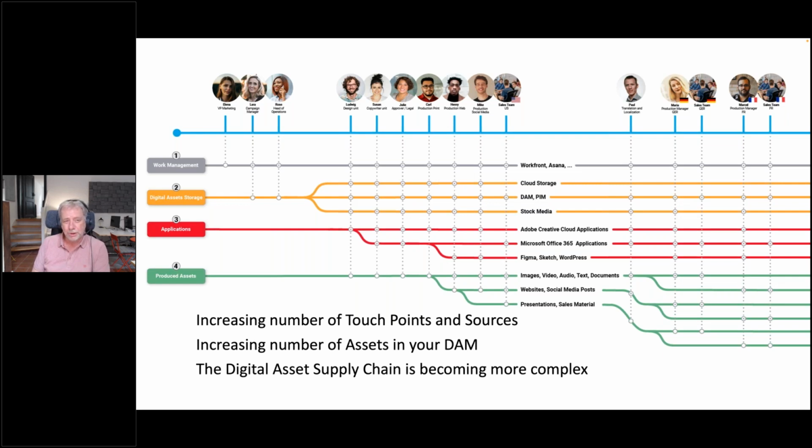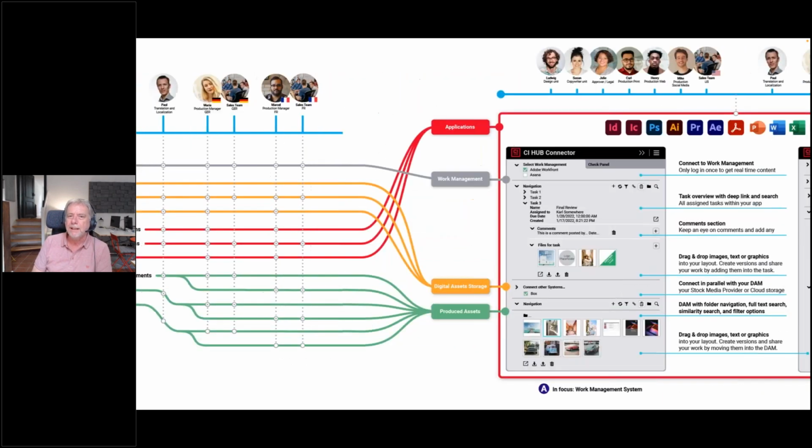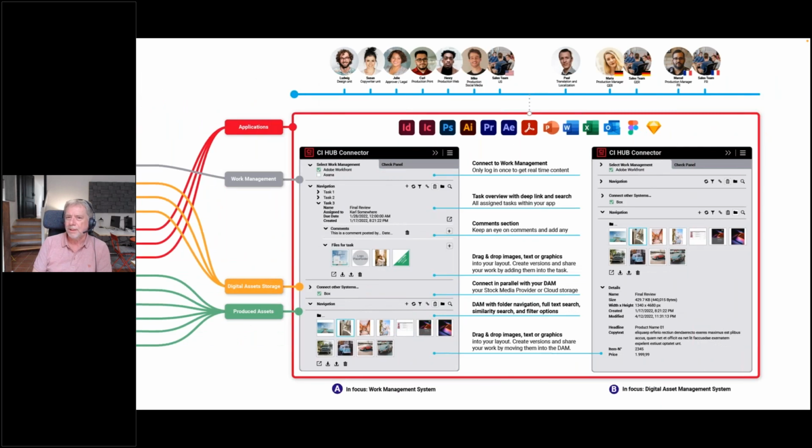So the digital asset supply chain is becoming more complex. That's the reason why we built the CI Hub connector, because it combines all of this in a single, easy to use interface with really great features. I will explain some of them later in the live demo.